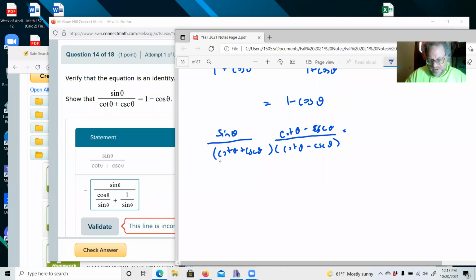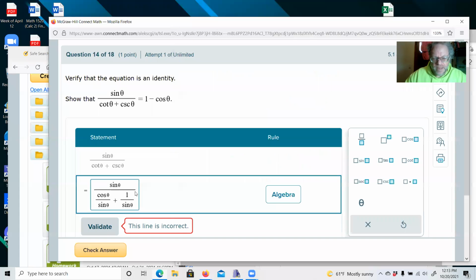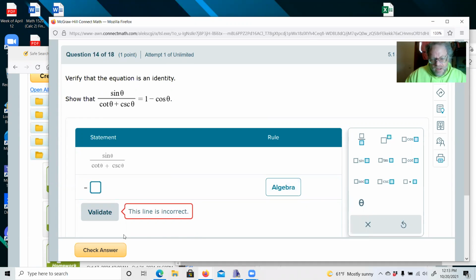So we have sine theta times cotangent theta minus cosecant theta divided by cotangent squared theta minus cosecant squared theta. Let's see if that gives us a better choice here. Okay, and no, I don't like this any more than you do. Oh, maybe that was the thing. Control Z, undo.